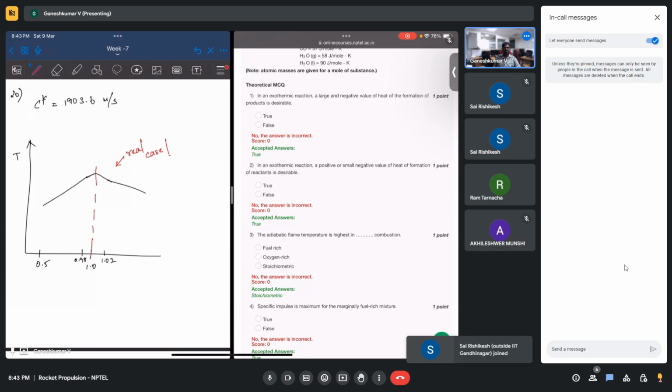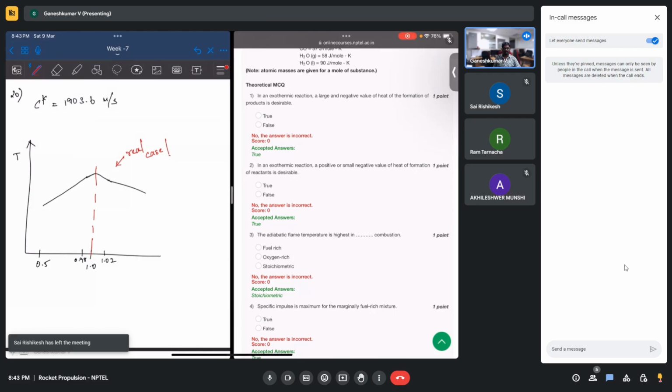Maybe you can raise this question in the forum. Let's see what the professor replies. But you understood the concept, right? It's always going to be stoichiometric, but it can be a little bit off. And he actually explained it by gamma. The value of gamma was changing when we go fuel rich, and that change in gamma eventually changed the value of CP, and therefore it lowered.